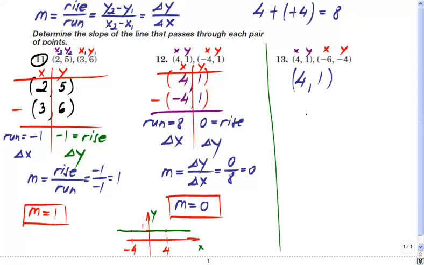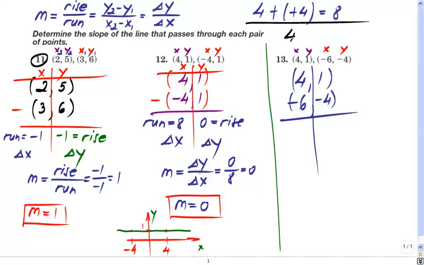I've got (4, 1), my first point. The other point, (-6, -4). Okay, so just go ahead and subtract x from x, y from y. 4 minus negative 6, right? 4 minus negative 6, I'm going to show it to you one more time. What is the rule?